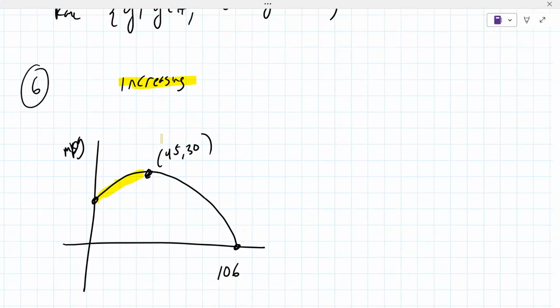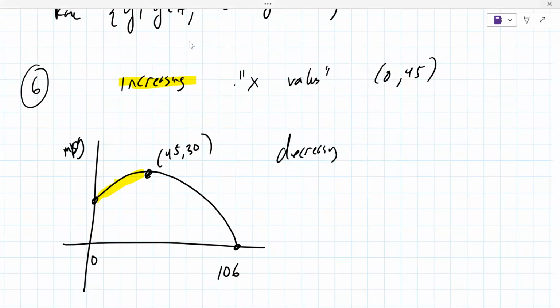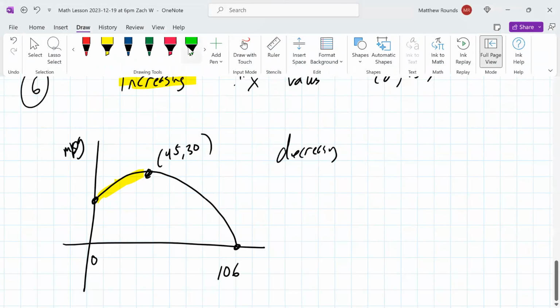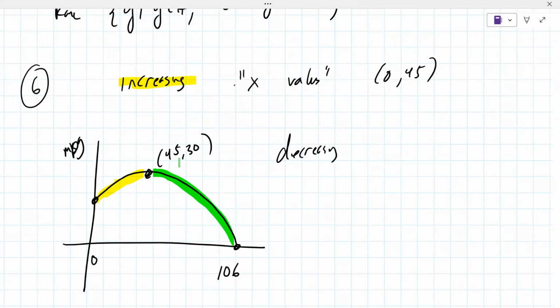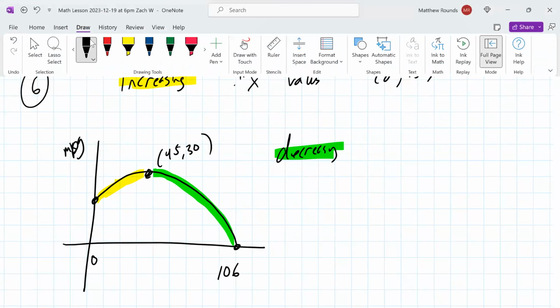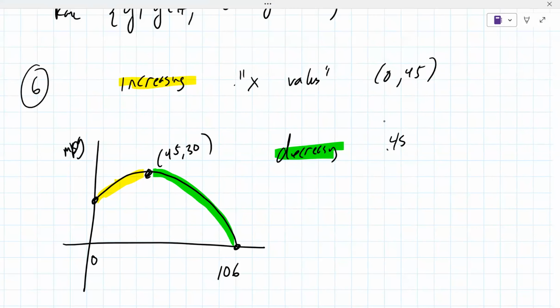So increasing is from there to there. It's the x values. Increasing and decreasing is always the x values. So it's increasing from 0 to 45, and then it's decreasing from, let me shade this, again, it's the x values. Would it be decreasing from like 30 to 0?